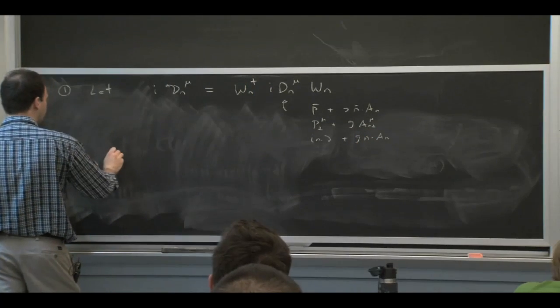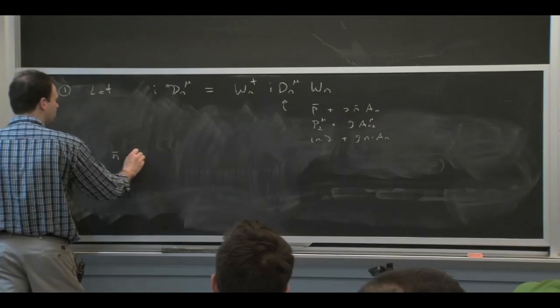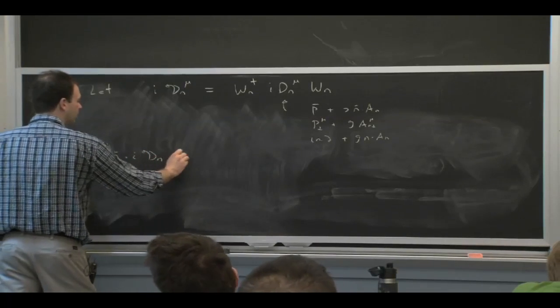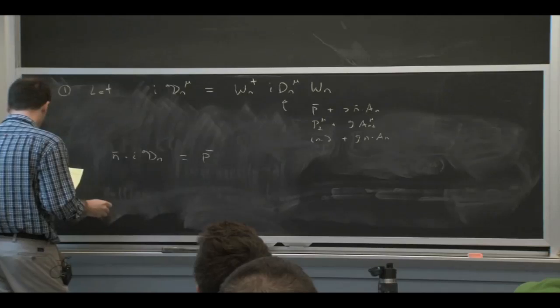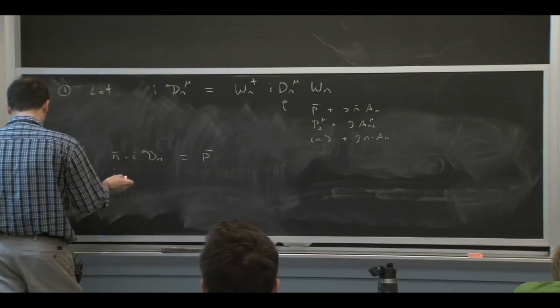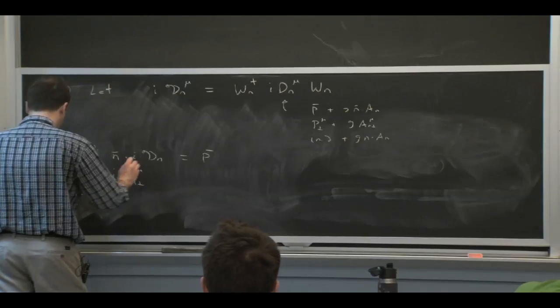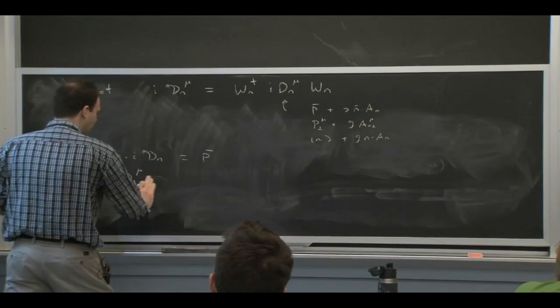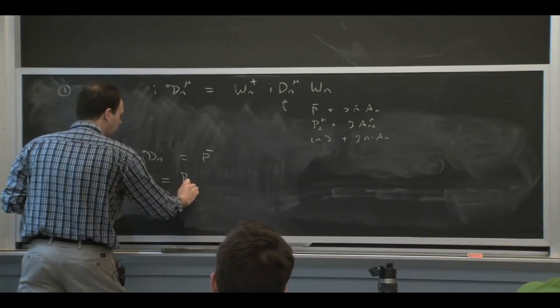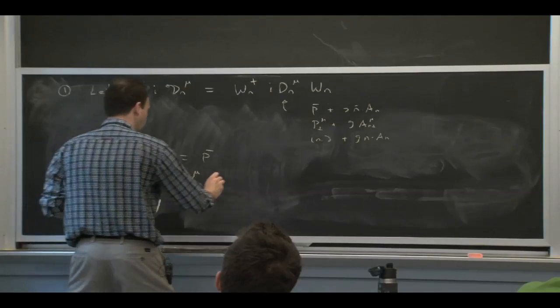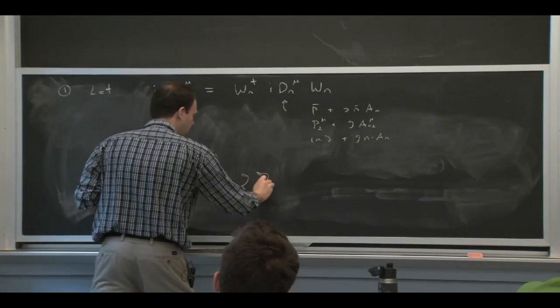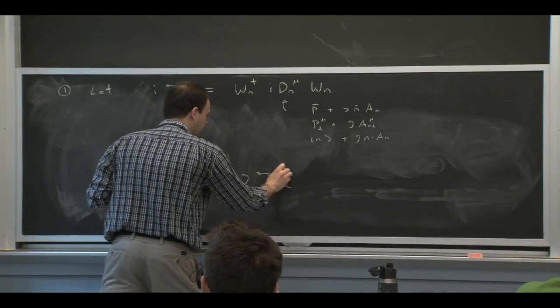So then if I have that operator and I just take n bar dot iD_n, then that's P bar. If I take iD_n perp mu, then you can show that this guy is P perp mu plus g B_n perp mu.